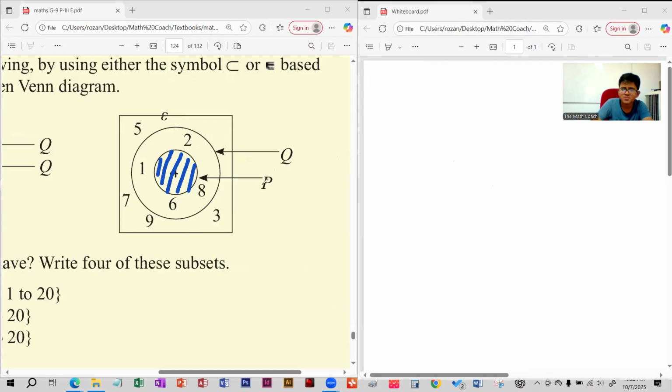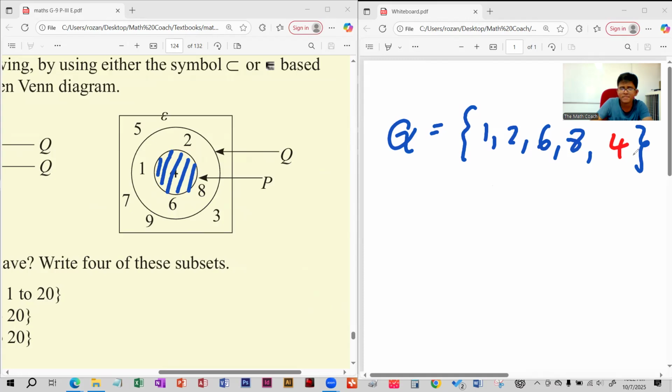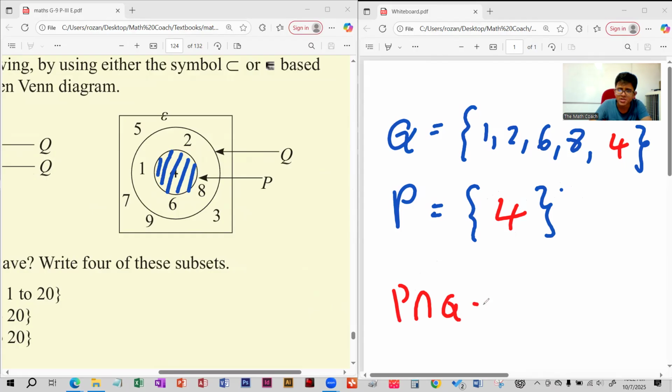Q is equal to 1, 2, 6, 8, and we also have 4, because Q owns everything. What about P? It has only 4. So what's the common number? 4 is the common number, right? So P intersection Q is equal to 4.